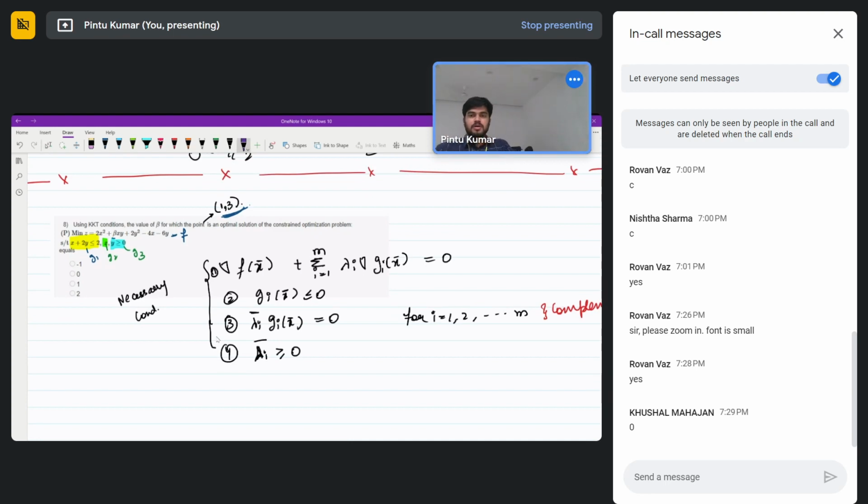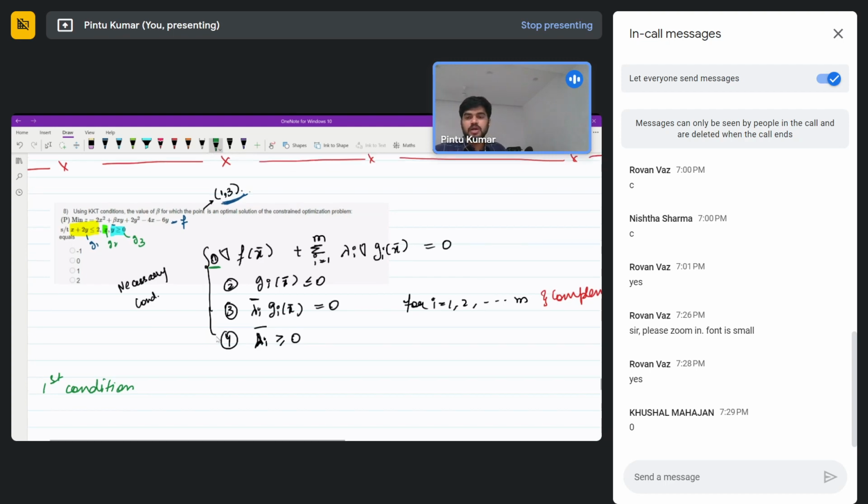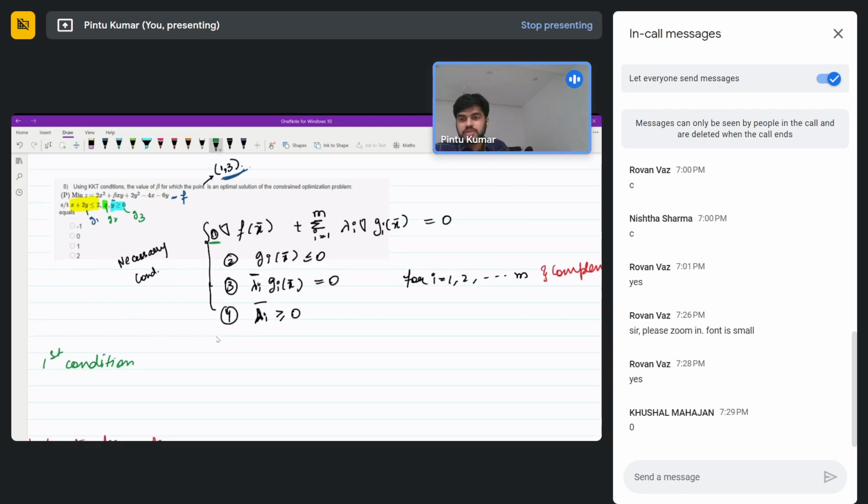So let's try constructing our KKT conditions. Based on the first condition, we'll get two equations: first with the derivative with respect to x, and another with the derivative with respect to y. Very similar to the previous question.